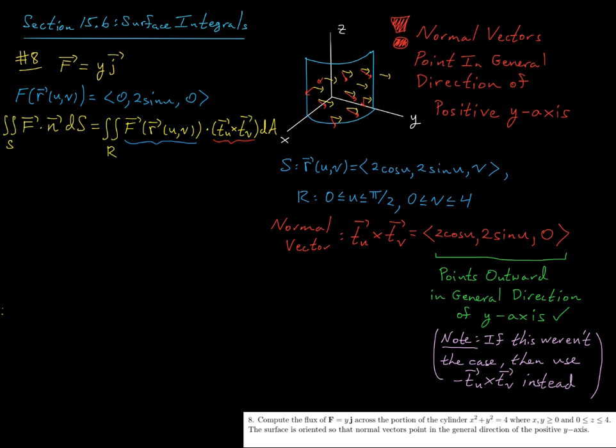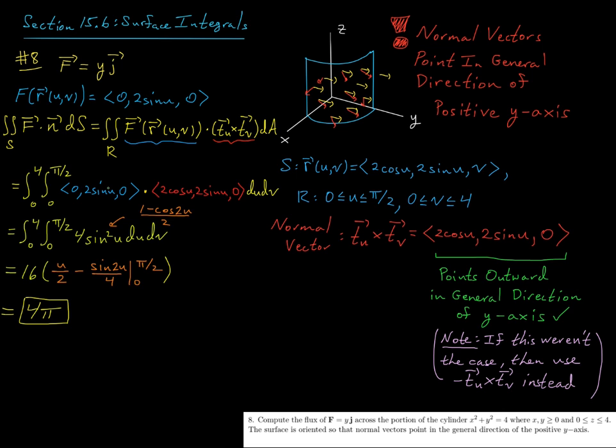All right, and so putting that all in, we're going to take the dot product of this blue vector, 0, 2 sine u, 0, with this red vector, 2 cos u, 2 sine u, 0. And we're integrating this dot product in the uv-plane, over the rectangle where u varies from 0 to pi over 2 and v varies from 0 to 4.